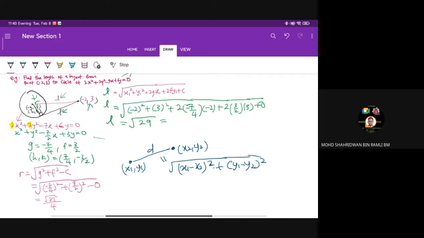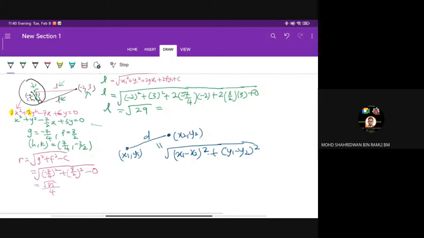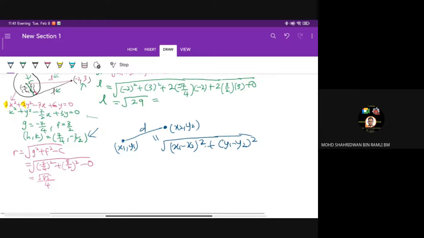We use a similar approach here. Because our first point is (negative 2, 3), our next point is the center, (7 over 4, negative 3 over 2), which we already obtained from the general equation.